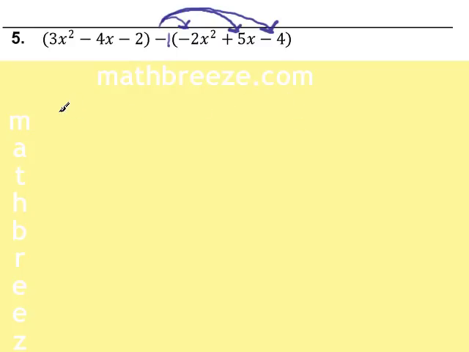So in the first set of parentheses, we could just drop the first set. And now we're multiplying through by the minus, or by the minus 1. So here we have minus times minus is plus, so plus 2x squared. Minus 5x. And minus times minus is plus, so plus 4.